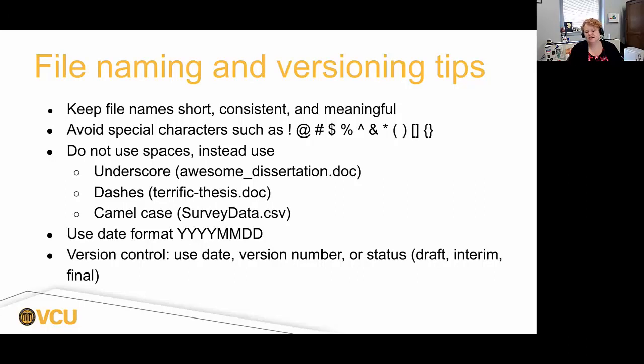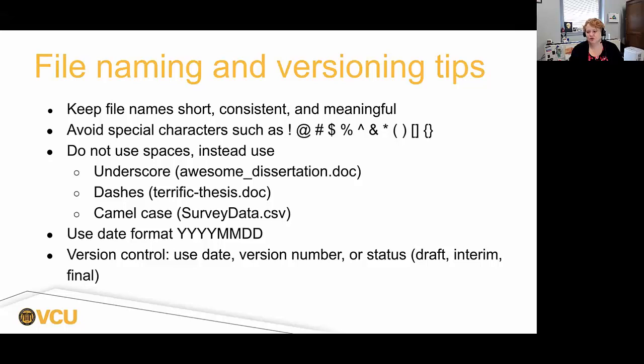So instead, you should use either an underscore, which is my personal favorite, dashes, or camel case, which is where you have a capital letter at the start of each word. Don't use spaces because, again, that can cause problems with certain systems. And then if you are using a date format, always use the year, month, day version of the date.